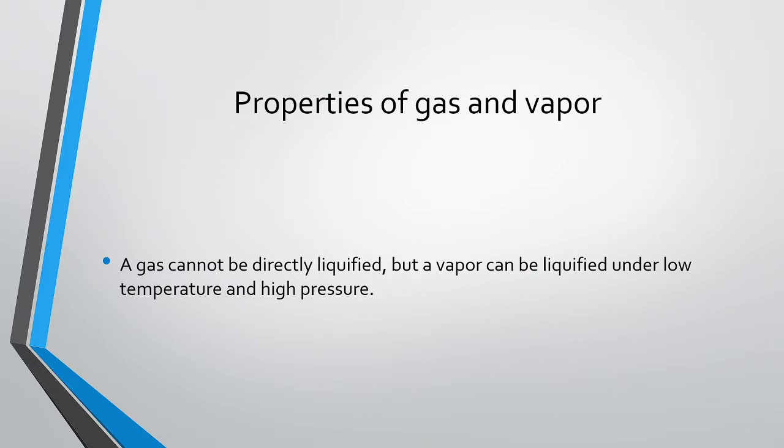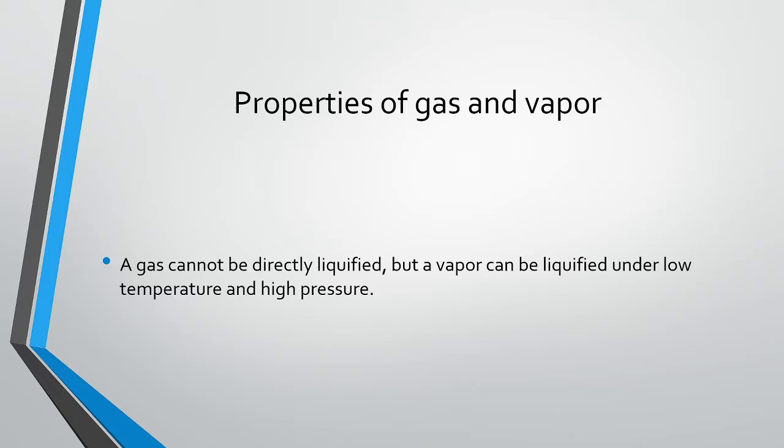A gas cannot be directly liquefied, but a vapor can be liquefied under low temperature and high pressure. So we are obtaining new knowledge here, that a gas also can be liquefied under low temperature and high pressure. If we inject some gaseous substance in a container at high pressure and low temperature, it will be in a liquid state.